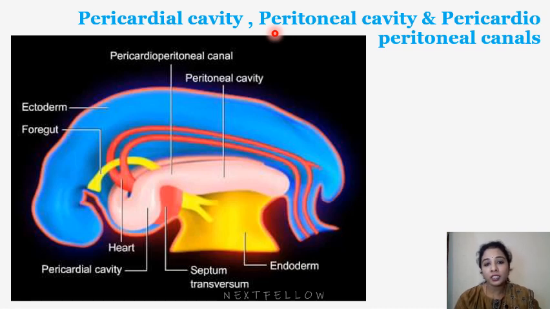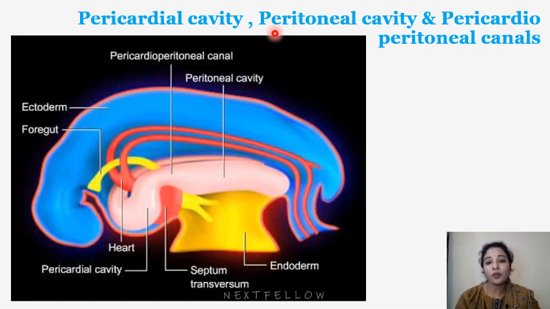These communications are important because the midgut herniates through this communication at the umbilicus, and this is a temporary communication, and it is lost during the 10th week after complete involution of the midgut loops into the peritoneal cavity.